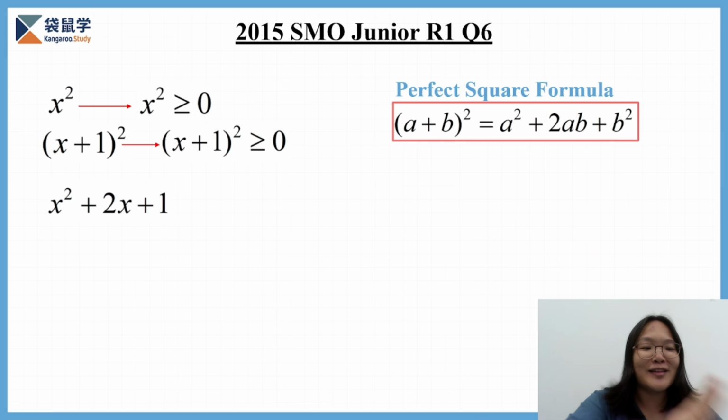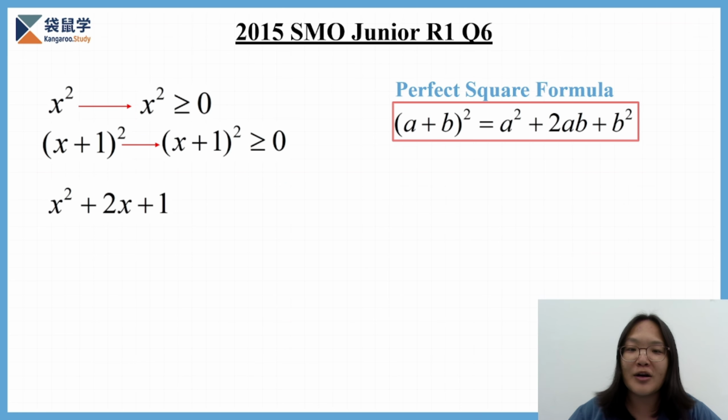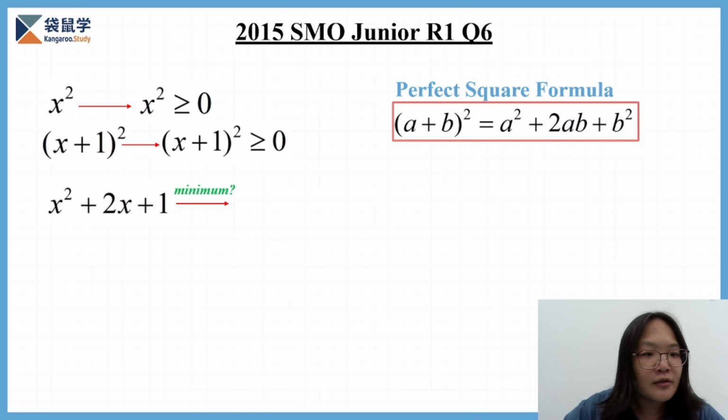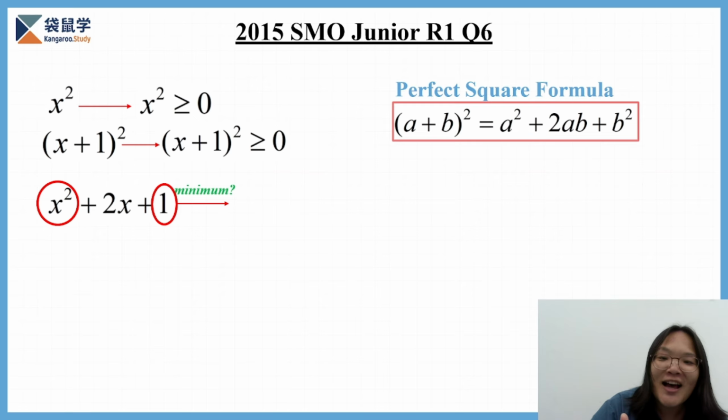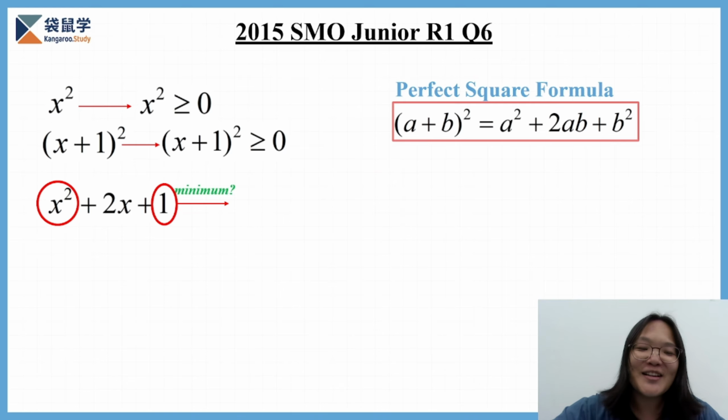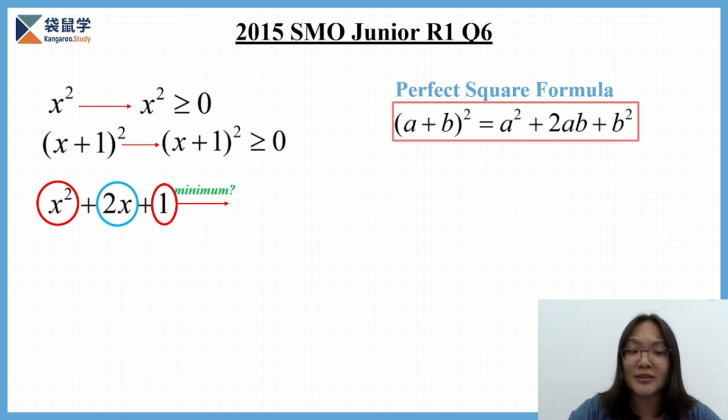So let's check, does this one fit into our rule? So left side, square. Indeed, it's the square of x. Then right hand side, wow, 1. Is it a square? Yes, it's the square of number 1. So already we have left square, right square. Lastly, we need to check the middle term. Is it twice the product of x and 1? Yes, it is.